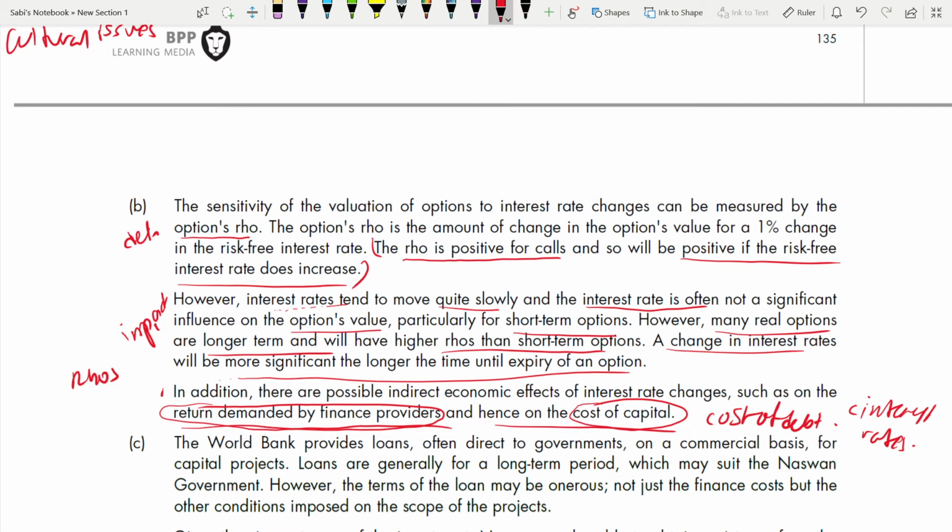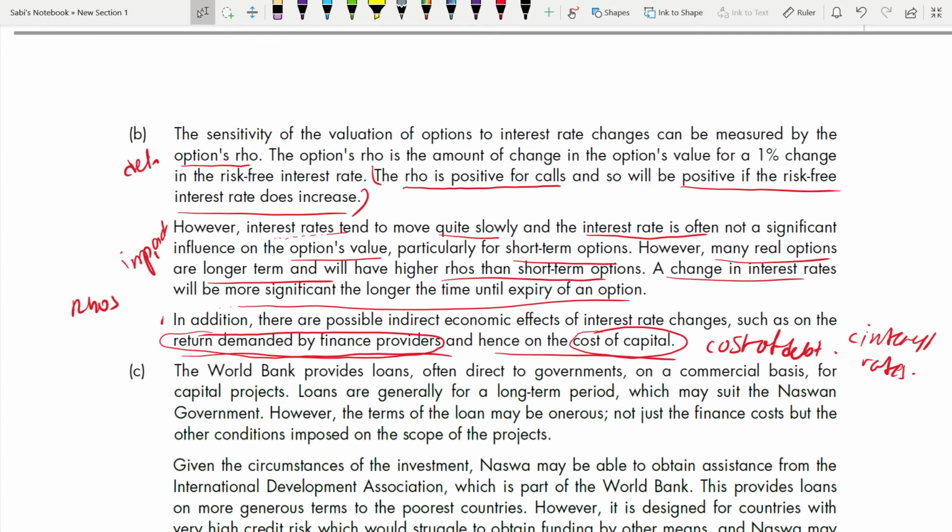Remember, your investment is discounted based on cost of capital. Higher cost of capital means what? Your net present value will be less. So your whole decision whether to invest or not is based on the net present value only. It will change only if cost of capital changes. Now you see how one element is linked to the other.